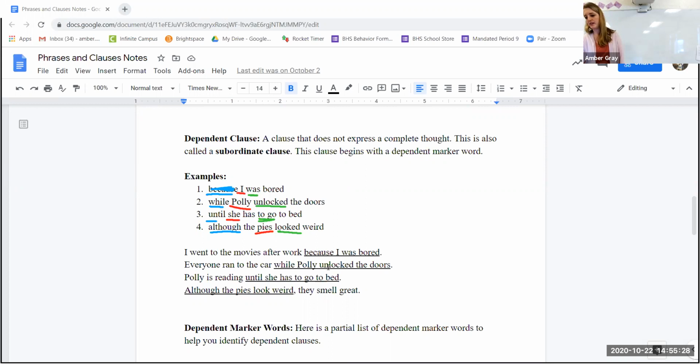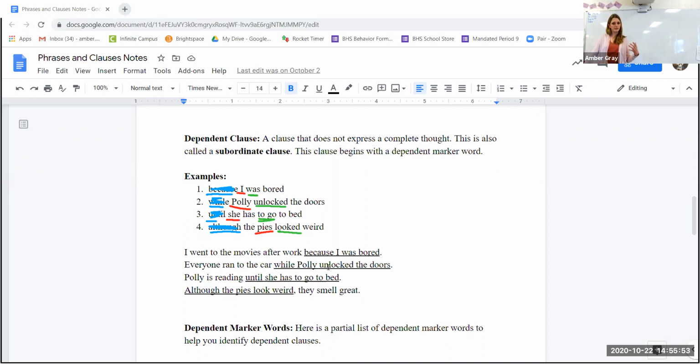If I were to just say Polly unlocked the doors, that would become a complete sentence. Okay. Until she has to go to bed. Again, this is a proper sentence if we were to just say she has to go to bed. Okay. Although the pies looked weird, if I took off that word at the beginning, now my dependent clause is an independent clause. The pies looked weird is a complete thought.